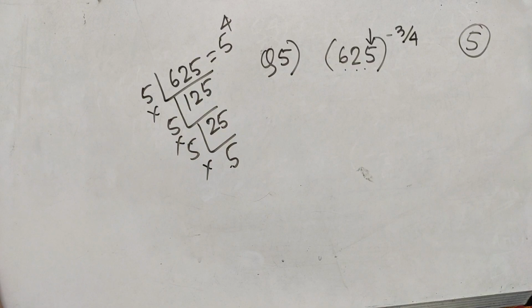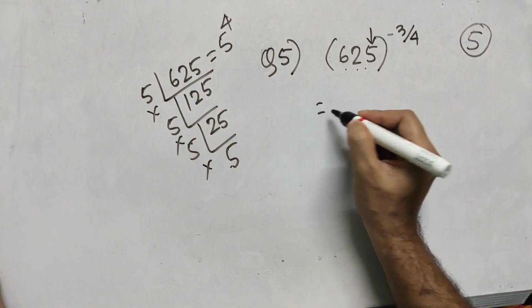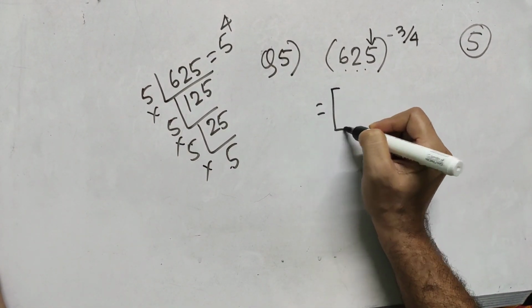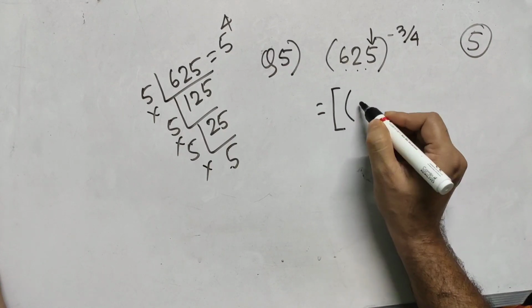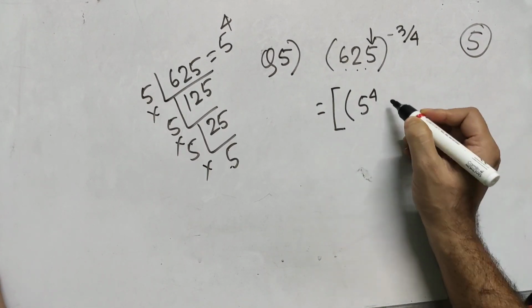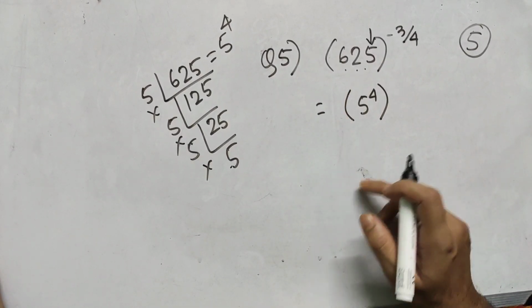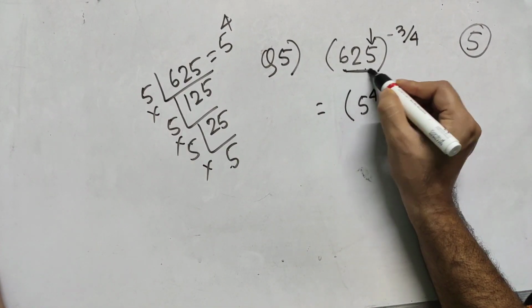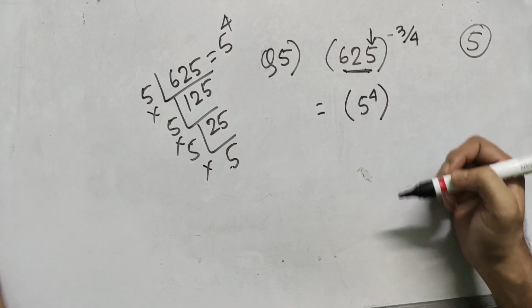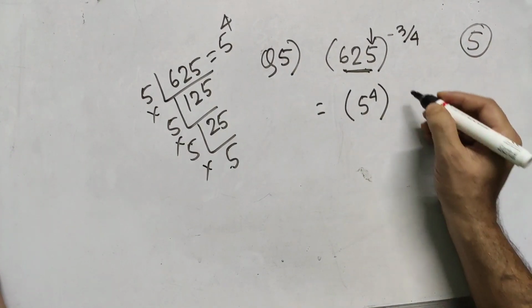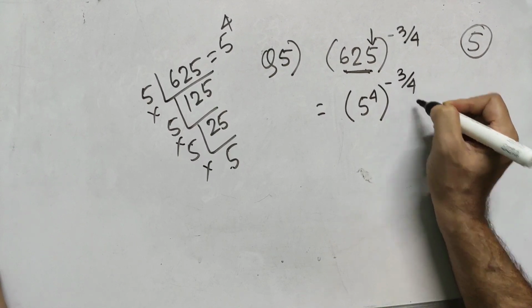I hope it's clear. So let's write this. We have 5 to the power 4, we don't need this bracket. 625 is written as 5 to the power 4, and we have minus 3 by 4.